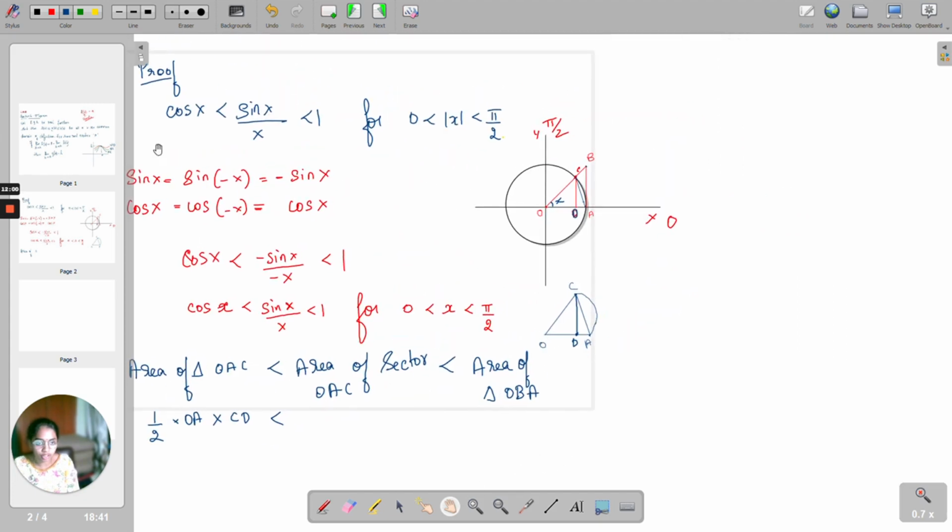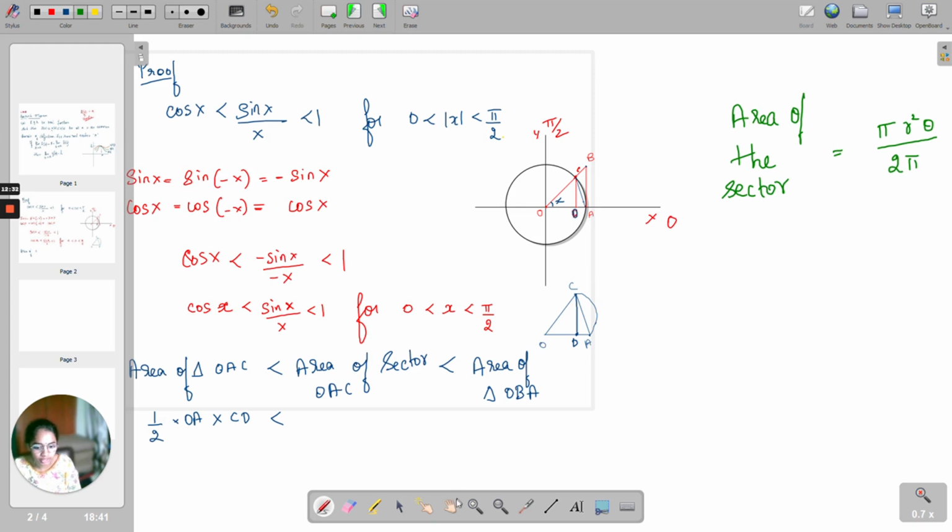So now this is less than the area of the sector. What is the formula for the area of the sector? It is pi r square into theta divided by 360 if it is in degrees. Since it is in radians, let me write it as 2 pi.